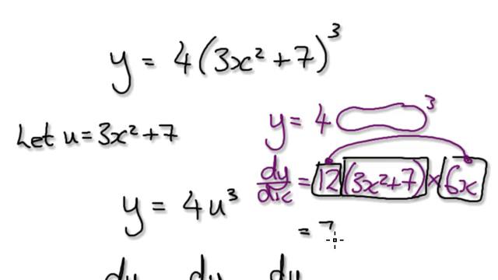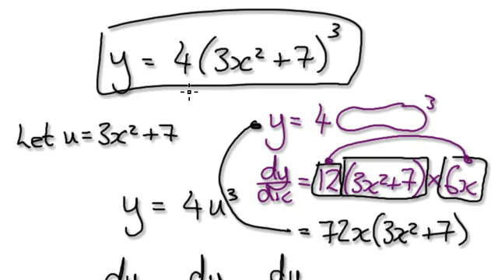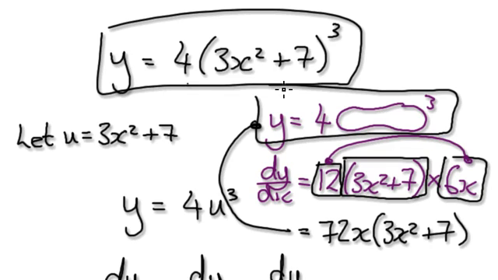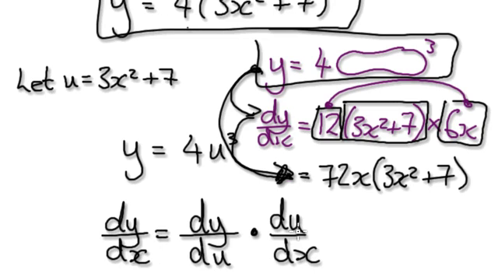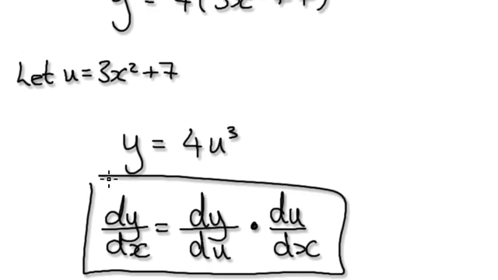So that would be 72x(3x squared + 7). So starting from here, we would visualize it as this, and then do this, and then tidy up to take you to here. But this is quite a neat way of writing what we've been doing. So this is really the chain rule.